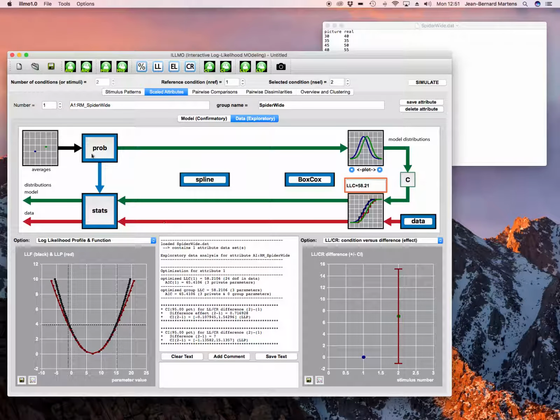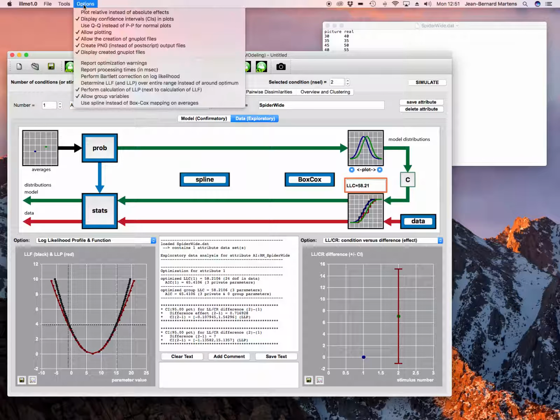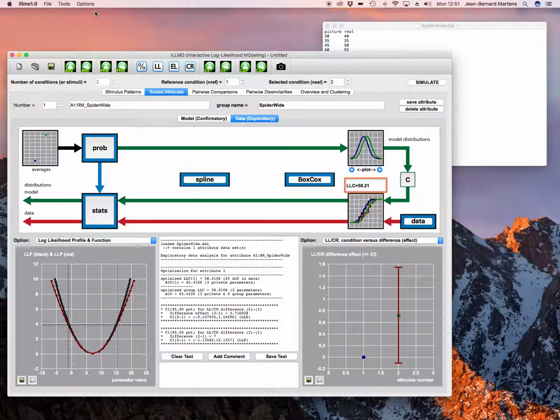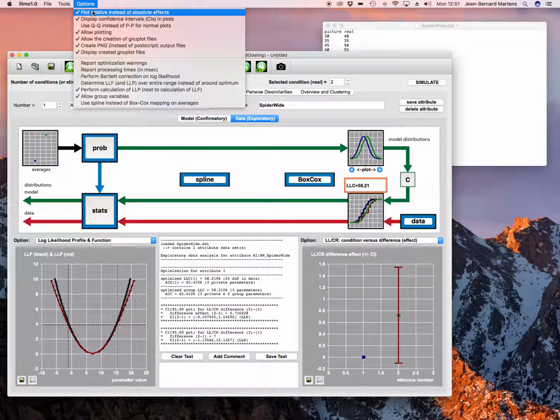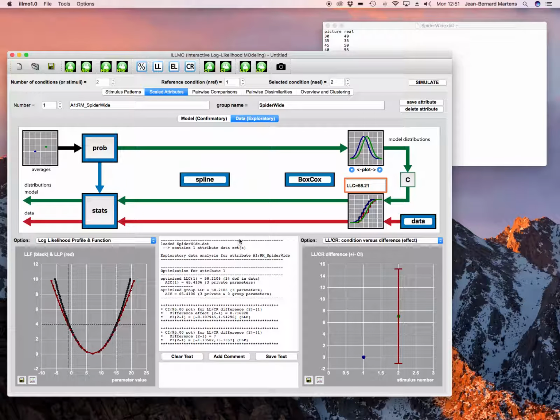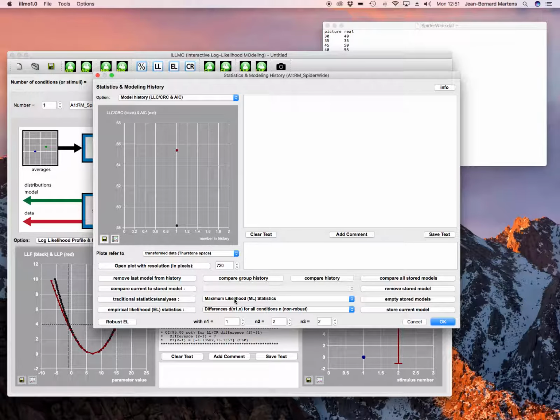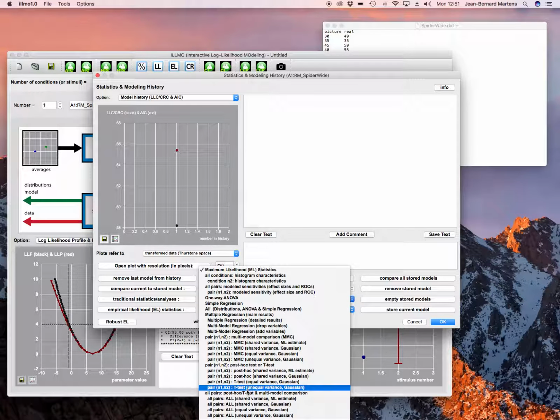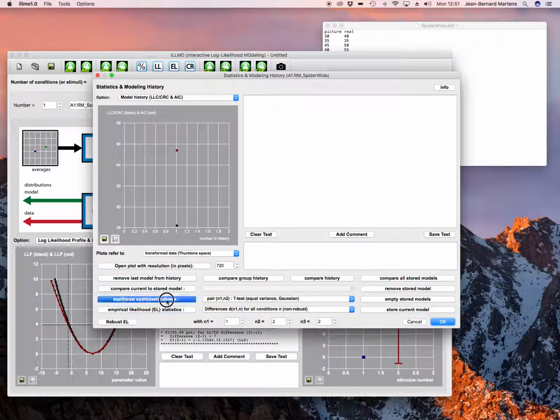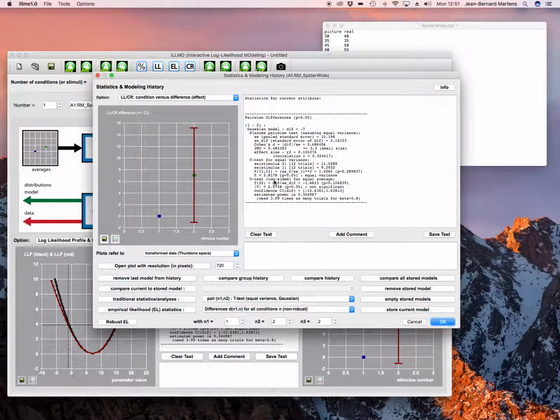So this is the difference itself. We can look at the difference effect. In both cases 0 is within the interval, so there's no significant difference, which we could also confirm by doing a traditional test, like for instance a t-test with equal variance. It also shows that the t-value is smaller than the threshold value. So nothing special there.